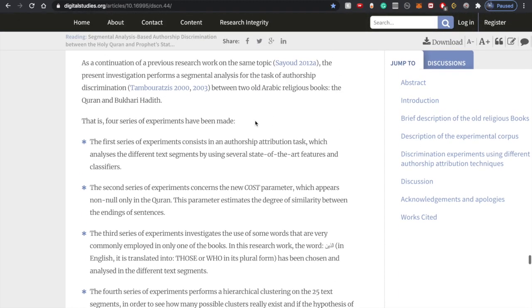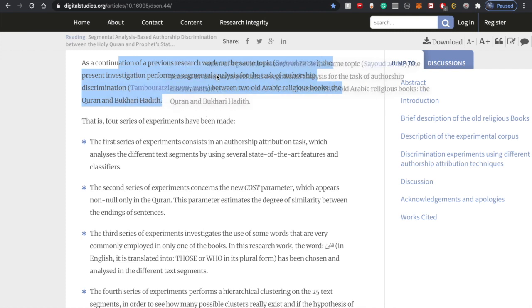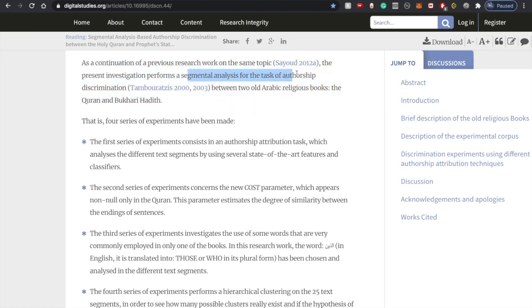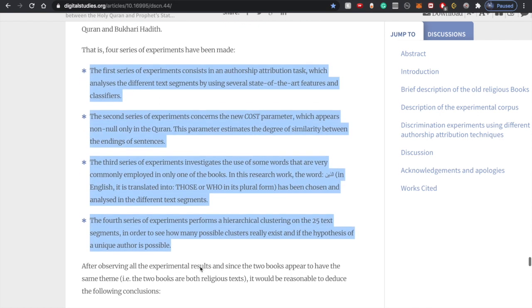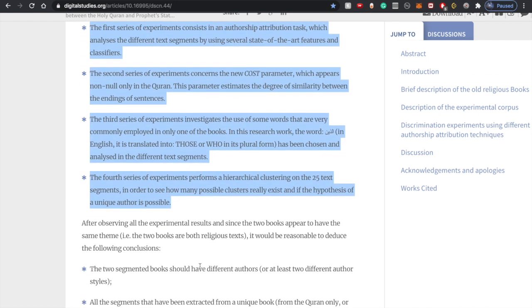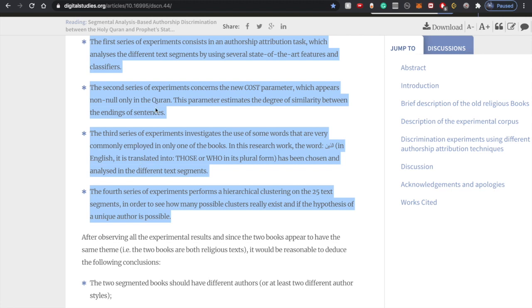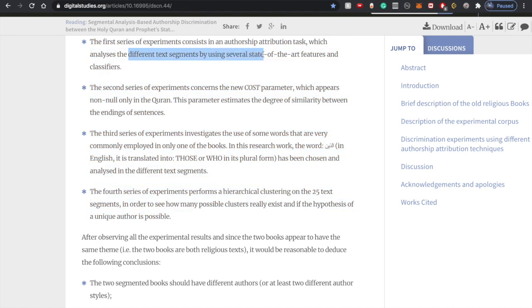As a continuation of previous research, the present investigation performs segmental analysis for the test of authorship discrimination between the two books, Bukhari Hadith and the Quran. Four series of experiments were made. The first series consisted in an authorship attribution task, which is looking at the different text segments by using several state-of-the-art features and classifiers.